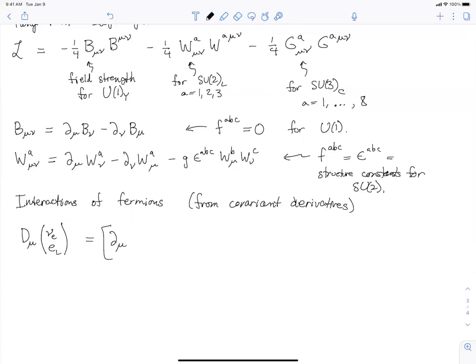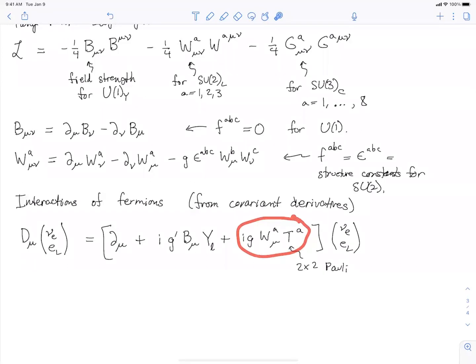Okay, plus i g prime B mu times the weak hypercharge for these fields, which I'm going to call Y sub L, plus i g W A mu T A. Those are proportional to the Pauli matrices, so 2 by 2 Pauli. All of this acts again on the same doublet. So the only part of this that mixes up the doublet terms is this last term, because it has the Pauli matrices.